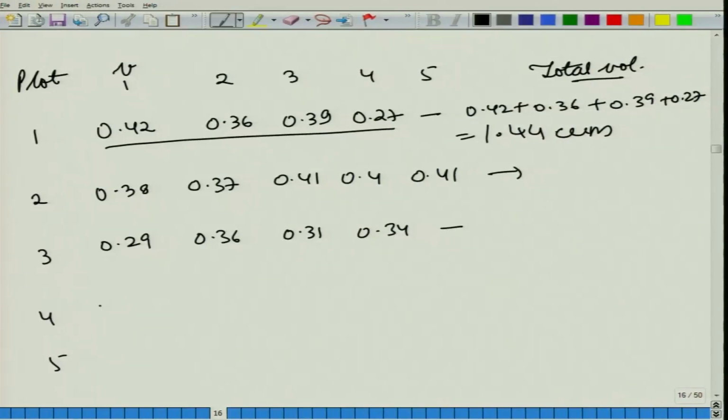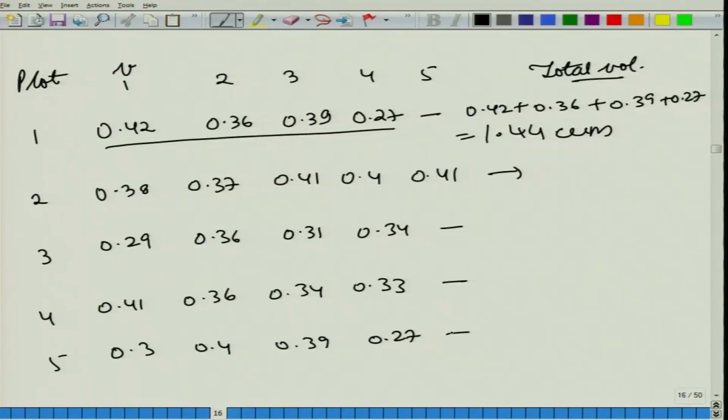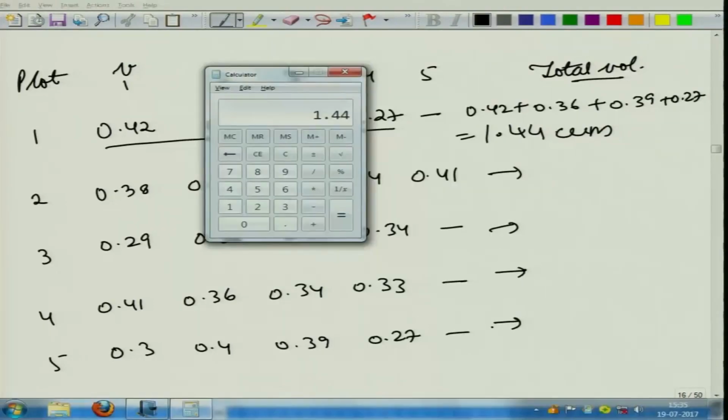Next we have 0.41, 0.36, 0.34, 0.33 and here we have 0.3, 0.4, 0.39, 0.27 and this does not have any value. So, we can compute the total volumes for each of these sample plots.